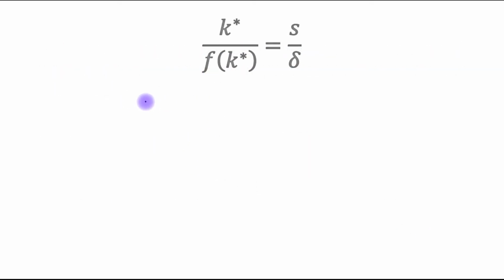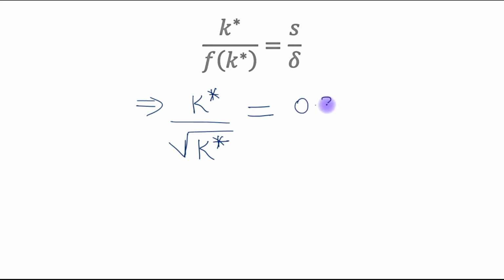So we can write K star upon root K star equals saving rate is 0.30, depreciation rate is 0.10.